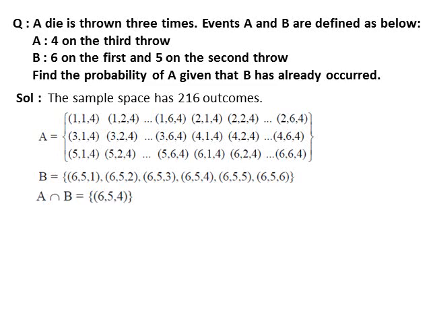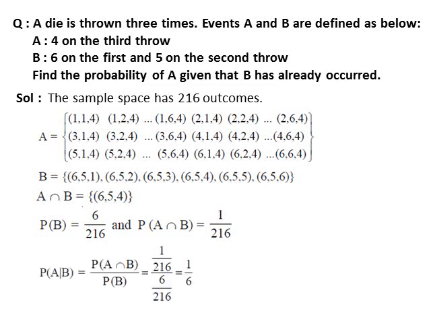A intersection B means 6 and 5 appears in first and second throw and 4 appears in third throw. So A intersection B contains only one common outcome, that is 6, 5, 4. Now probability of event B equals 6 by 216 and probability of A intersection B equals 1 by 216.